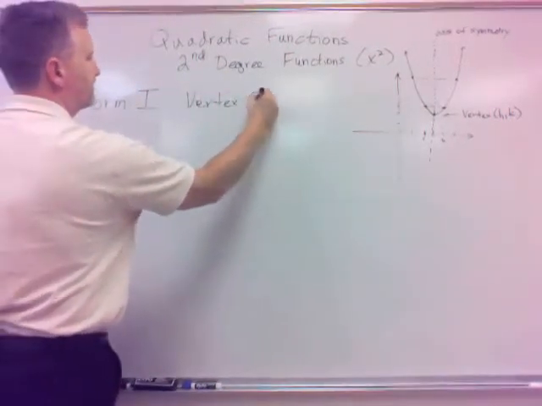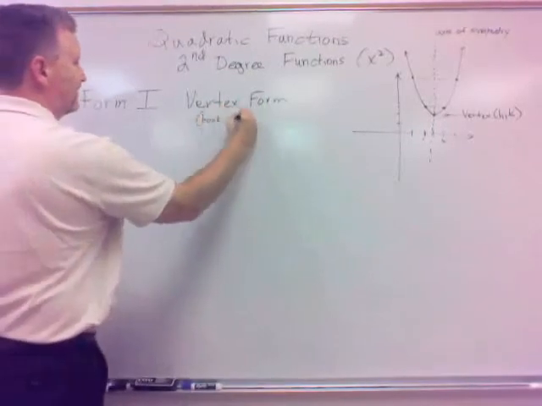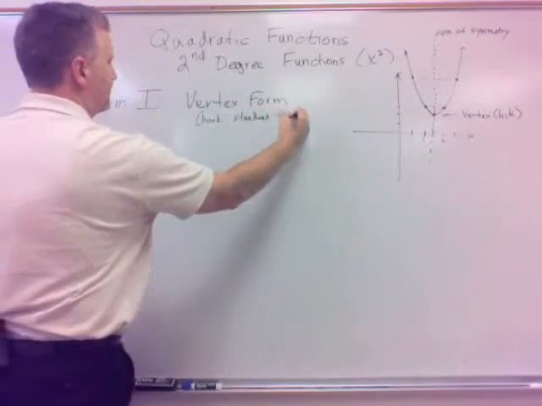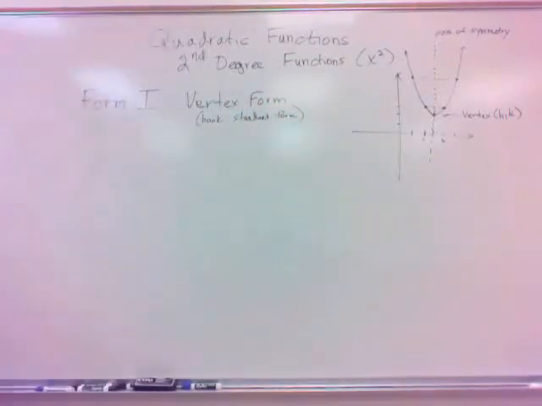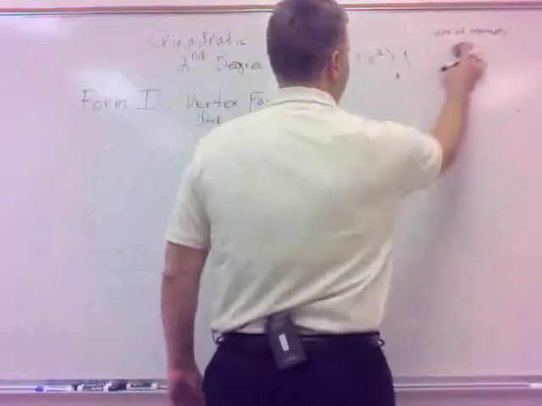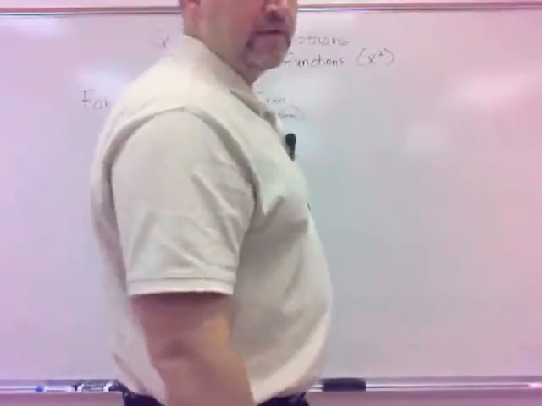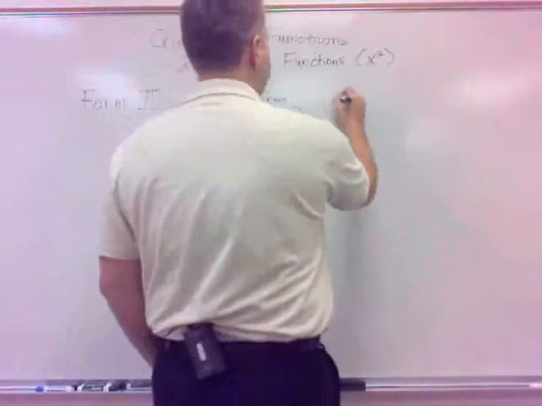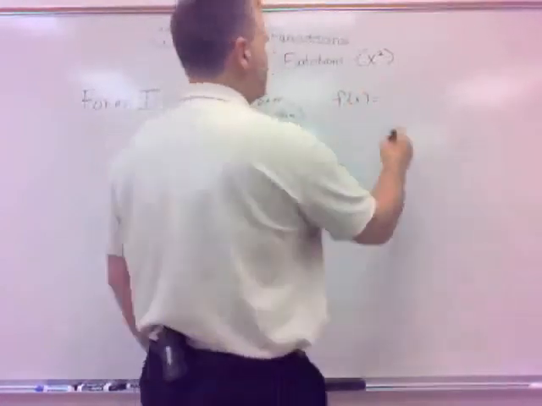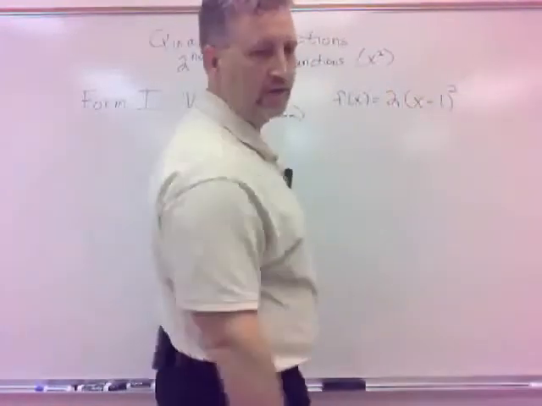The book likes standard form, okay? That's what they call this particular form, but here's one particular example of vertex form. f of x equals 2 times x minus 1 squared minus 3.